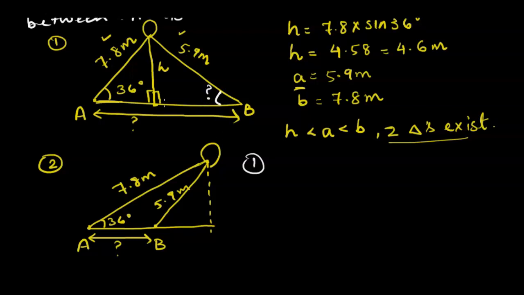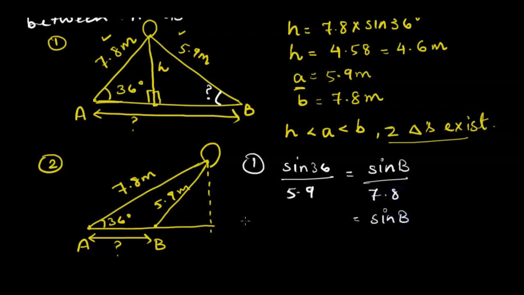To find out the value of the angle, we would write down sine 36 divided by 5.9 equal to sine B divided by 7.8. So sine B would be equal to sine 36 divided by 5.9 multiplied by 7.8. That would give us sine B equal to 0.777.